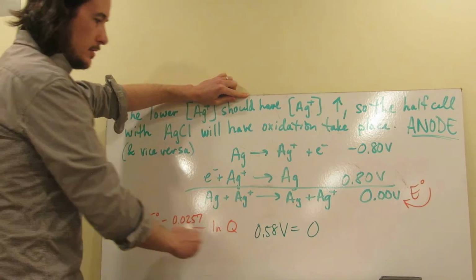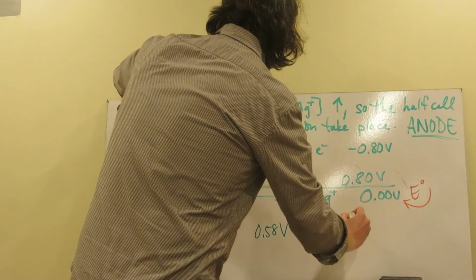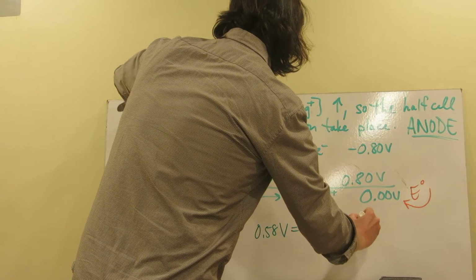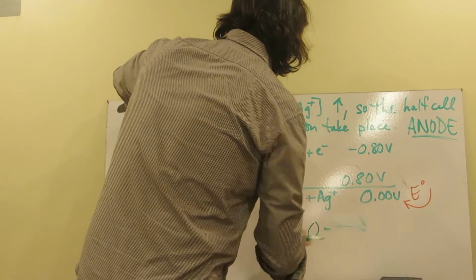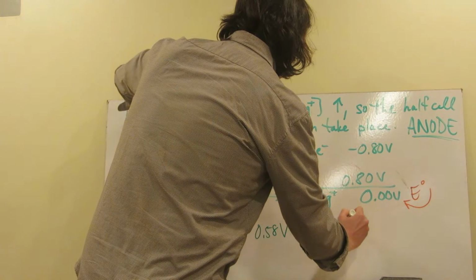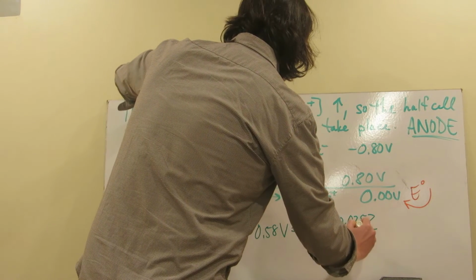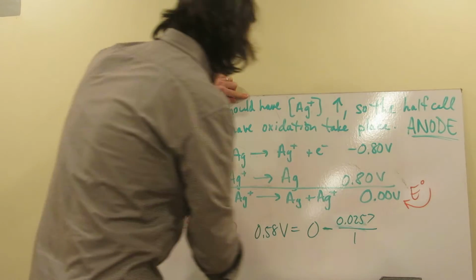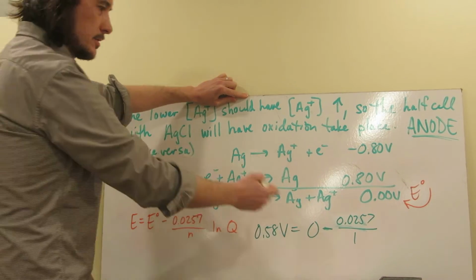E naught is 0. N is 1. There's 1 electron that's transferred.